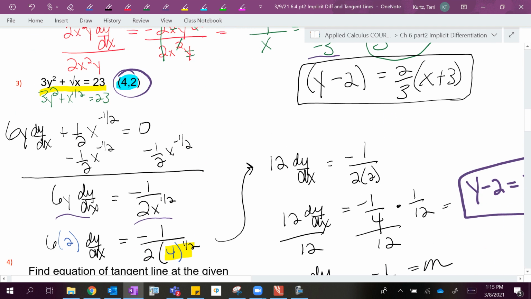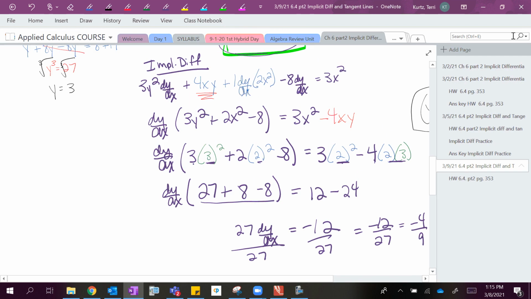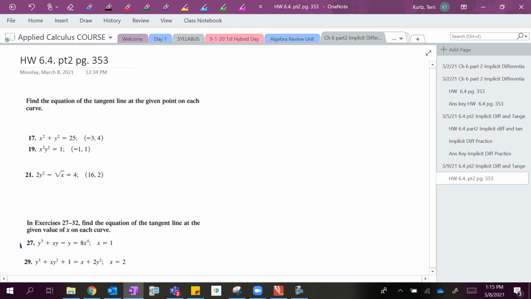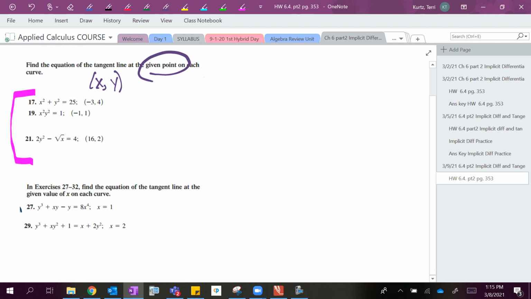Okay, so your homework is just a couple of these type problems that really go directly along with our examples in the book. So these first three are just like our first three examples where you're given both x and y values, right? So you're given a full point, okay? Follow the process we just did. On 27 and 28, you are just given an x value, okay?